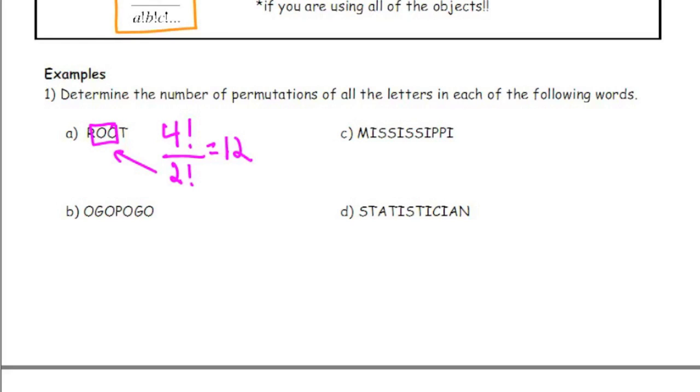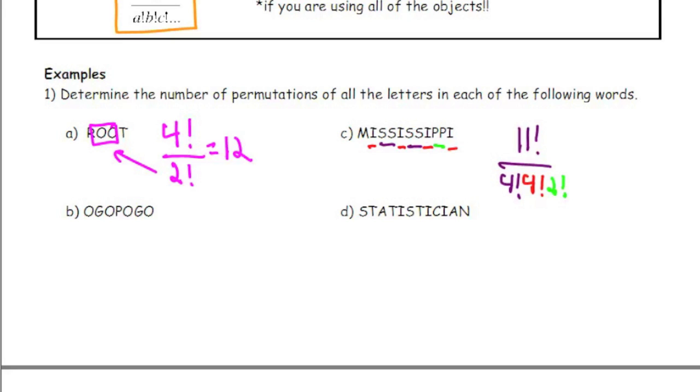Mississippi, a word that I am so glad I still know how to spell, has 11 objects. There are 11 letters in the word Mississippi. So there's 11 factorial. Now, we have to find all the repeating letters, and we know there's a bunch. So if we take a look at S's, there are 4 S's. So that means there's 4 factorial ways of arranging them. If we look at I's, there's 1, 2, 3, 4 I's. So 4 factorial ways of arranging those.